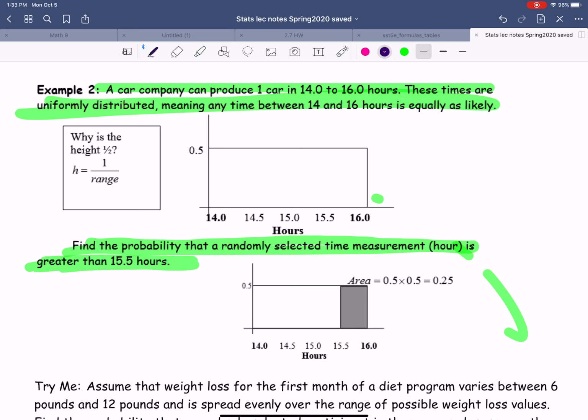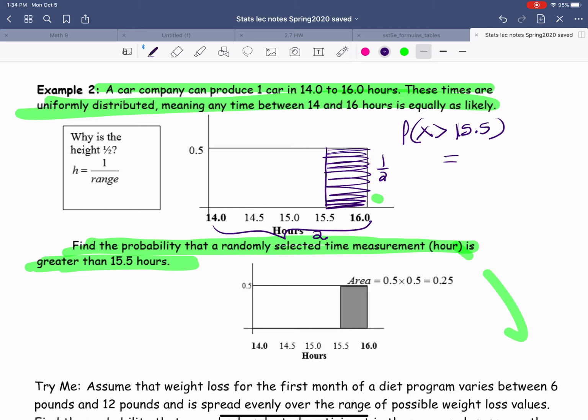So we're looking for the probability of a car being made in greater than 15.5 hours. Let's look at 15.5, and 16 is here. Because we are given between 14 and 16, this distance will be 2. In order for the area to be 1, the height has to be 1/2.